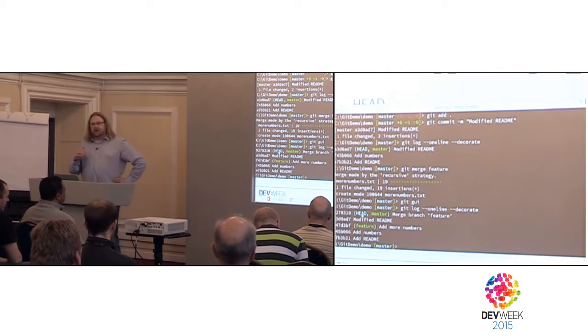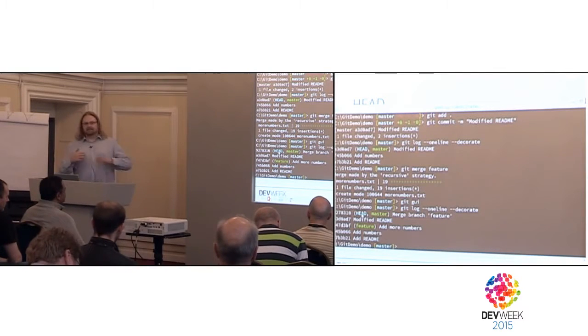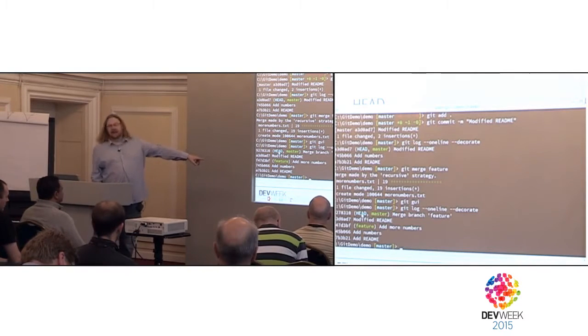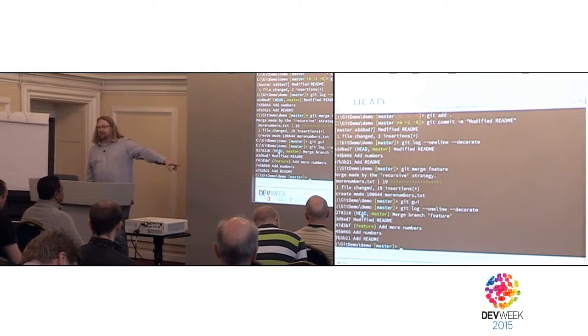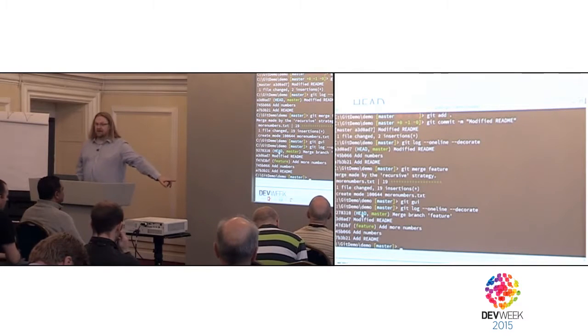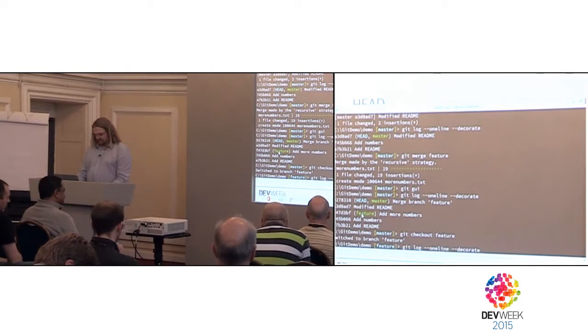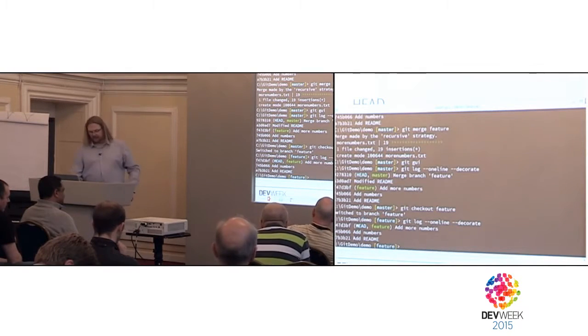So when you're looking at your repository, in this case, it's a reference to the master branch. But when I switch it to feature, so if I git checkout feature, my HEAD has moved to that commit.